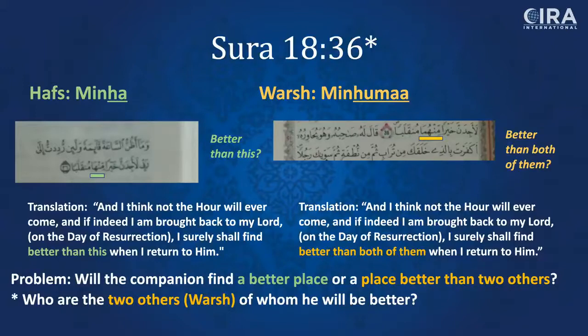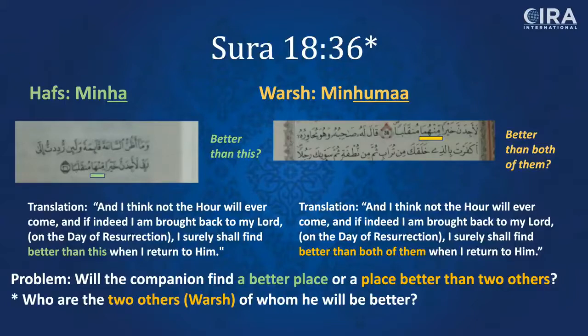And minhuma, Warsh reads it in a dual. Now, people don't know that in a Semitic language like Hebrew, like Arabic, you can distinguish between a singular, dual, and plural. Dual means two. So you have a way to identify if you're speaking to two persons, one person, or three or more. This is significant because Warsh is specifically talking about two things.